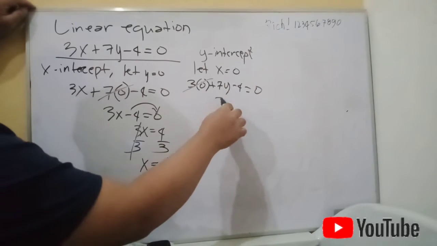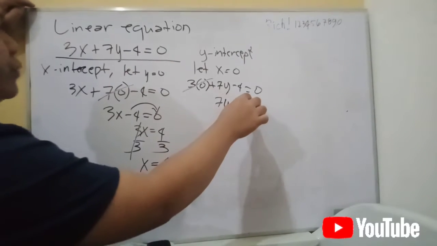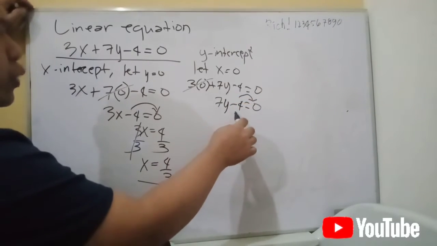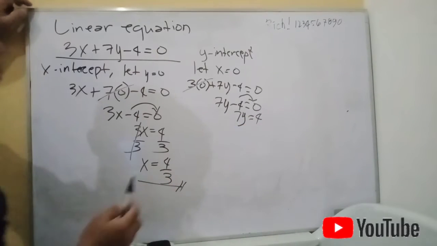Cancel, so 7y minus 4 is equal to 0. Let's transpose this one to another side. That will become 7y equals positive 4.